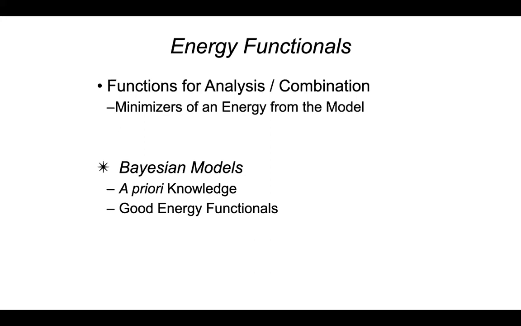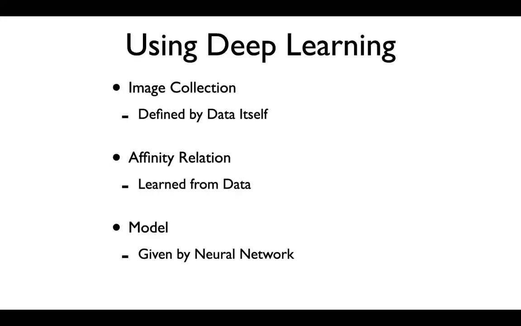And we are going to see further on that we can take advantage of Bayesian models because the Bayesian model exploits some a priori knowledge. So in machine learning, you also say, I need a prior, I have a prior for this and that, right? And so the Bayesian probabilistic approach associated with machine learning is going to lead to good energy functionals that we are going to optimize and have the best models.